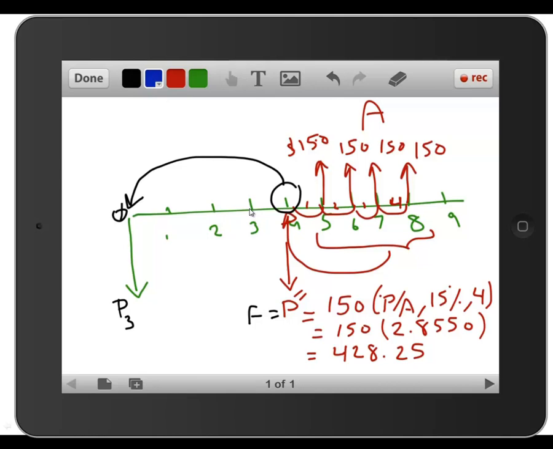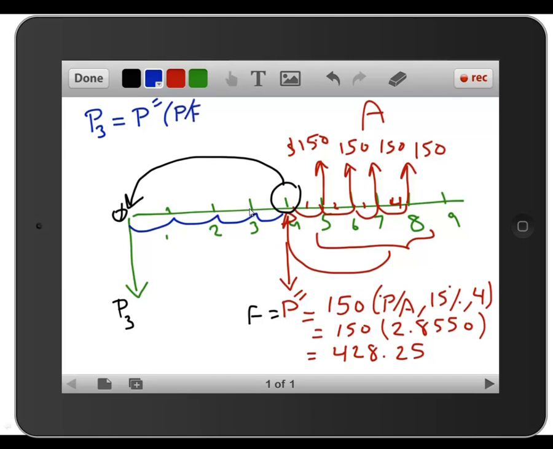To do that, I will take the P for group number 3, which will equal the future value, or the P double prime, it's the same, multiplied by P given F with 15% and number of periods equal to 4. Look at the number of periods: this is 1, 2, 3, 4.